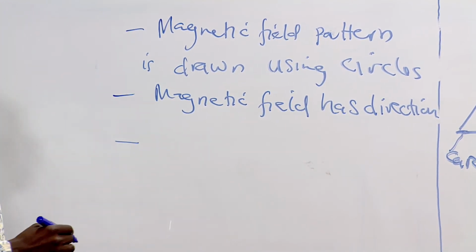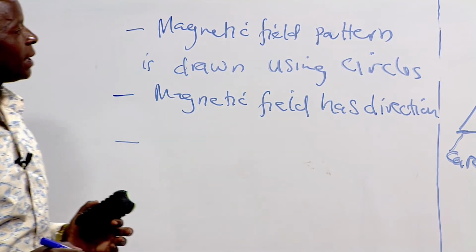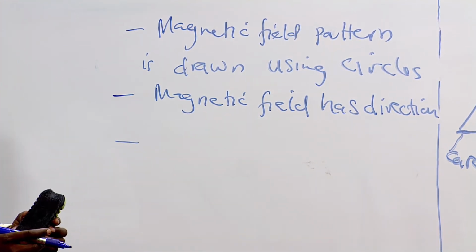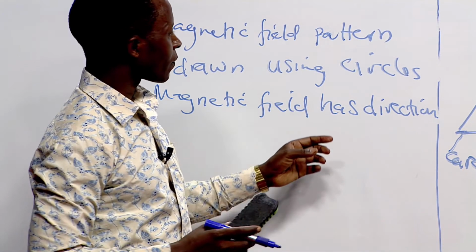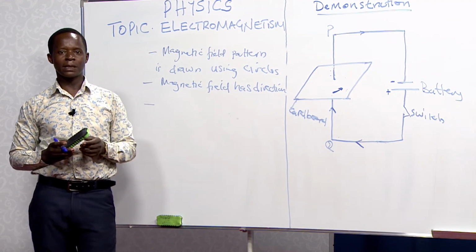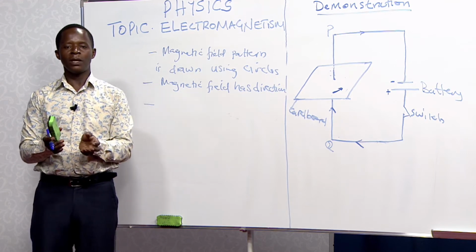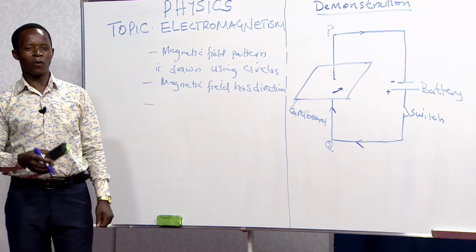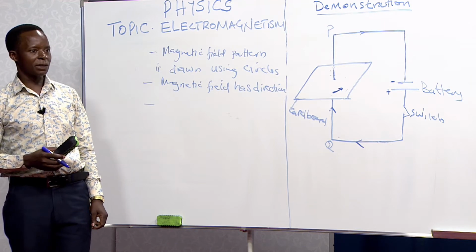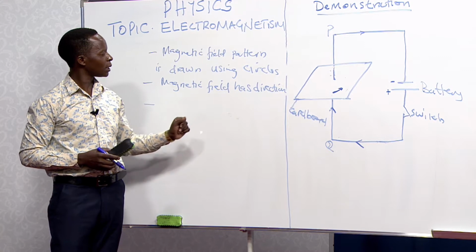We can also investigate. Since it is a field, and you know from physics, a field is a region in which a force of particular kind can be experienced. Here we are experiencing a magnetic force.